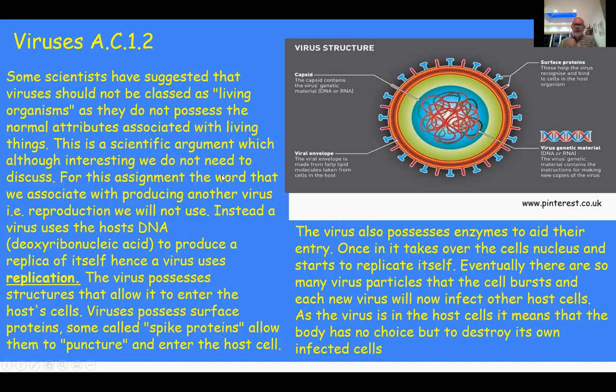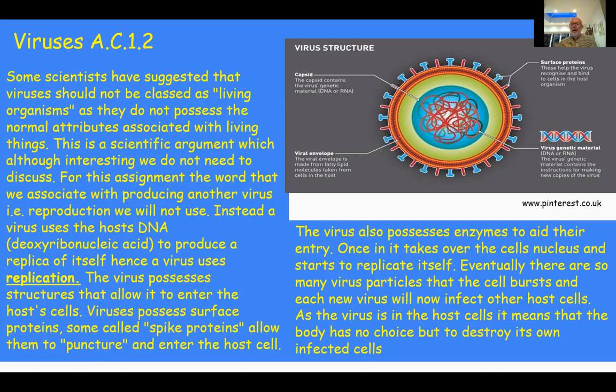For this assignment, the word that we associate with producing another virus, i.e. reproduction, will not be used because it's not really a type of reproduction. Instead, a virus uses the host's DNA and all the other cell mechanisms in the host cell to produce replicas of itself.